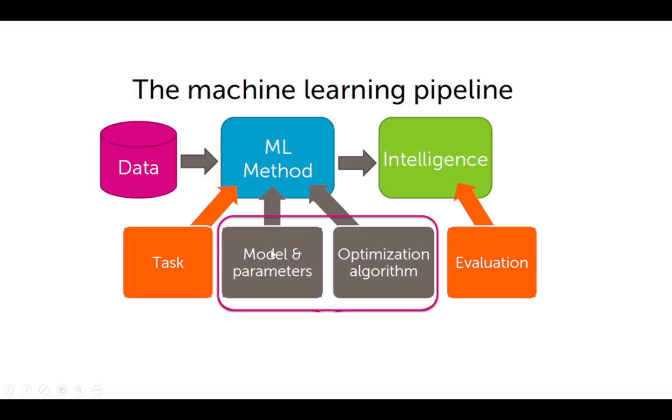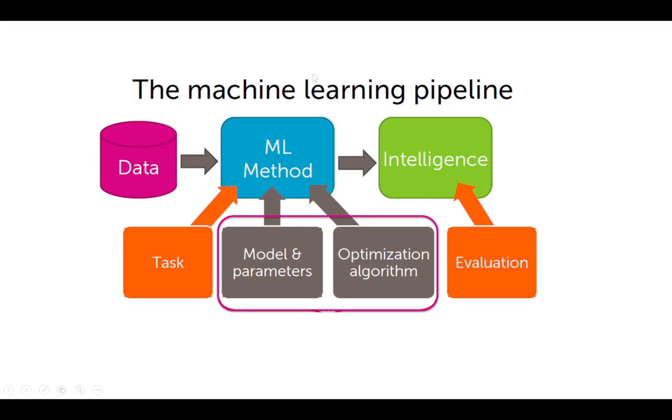Now that model has parameters, and it has some optimization algorithm like gradient descent and all that. Then out comes the intelligence that you evaluate to see how good it is, with some criteria like accuracy or F1 score, or whatever. We are not going to cover all that here.